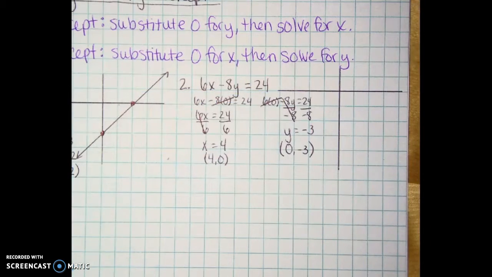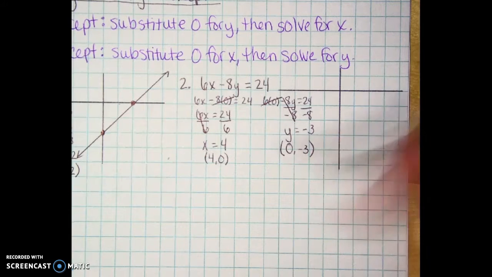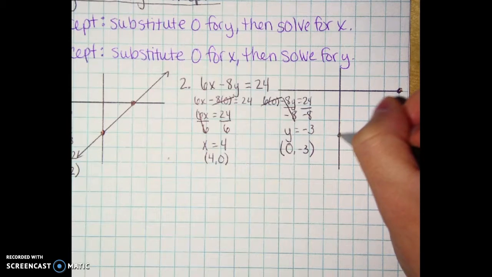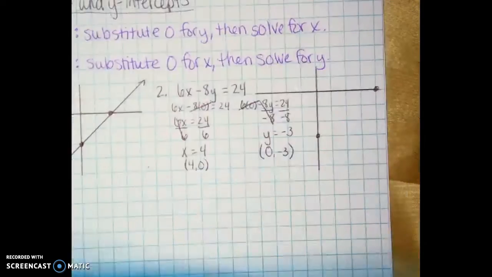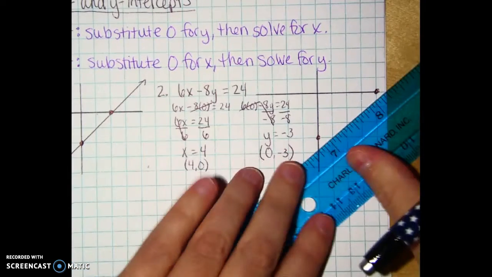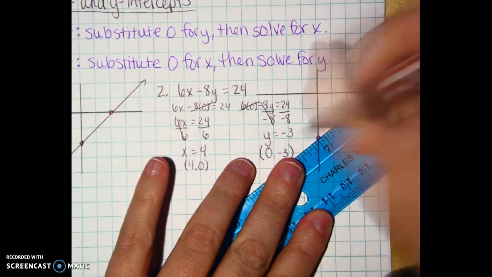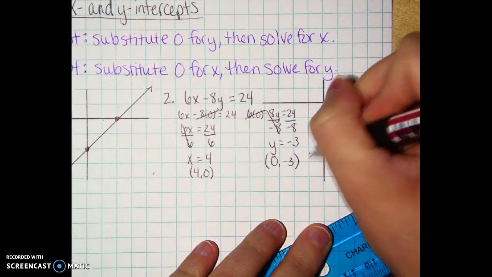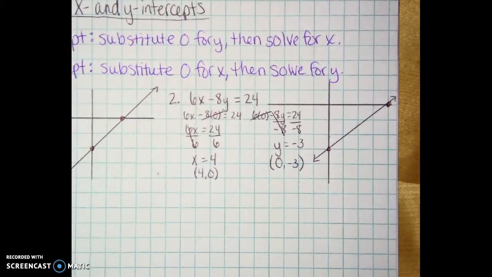Okay, let's see if this works. First point is 4, 0. 1, 2, 3, 4, 0 is right there. And 0, negative 3: 1, 2, 3 is right there. Okay.